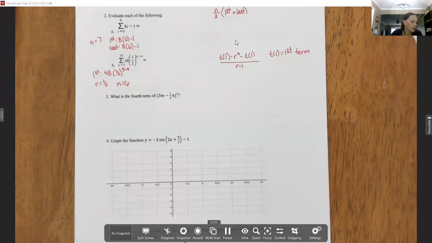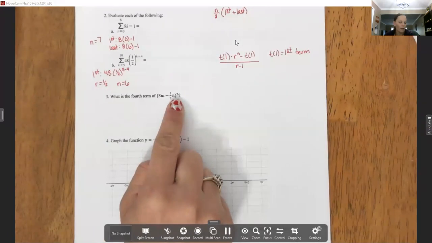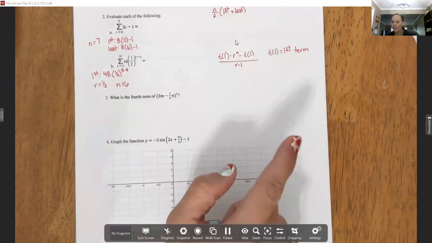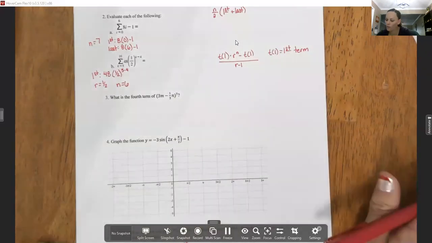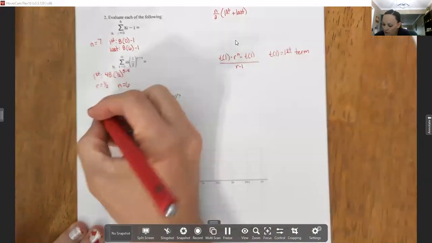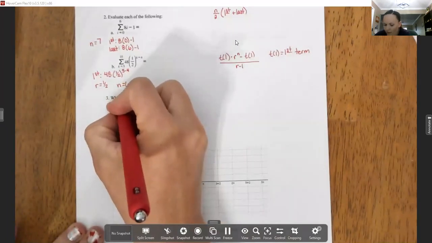So for number 3, there's a couple of different ways to do this. If you want the fourth term, so this is to the power of 7, you can get out Pascal's triangle. You can kind of think about what the whole thing would look like. So off to the side, I'm just going to do, what if this said a plus b to the 7th?